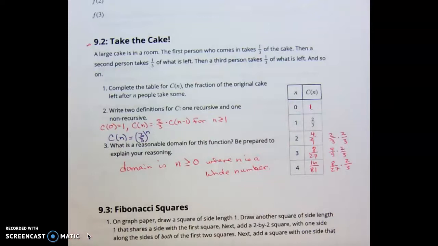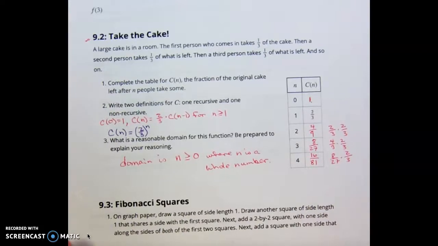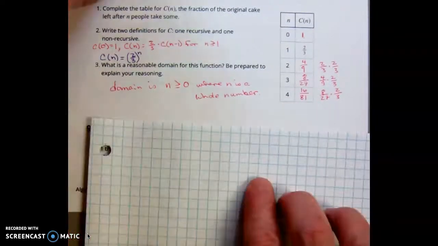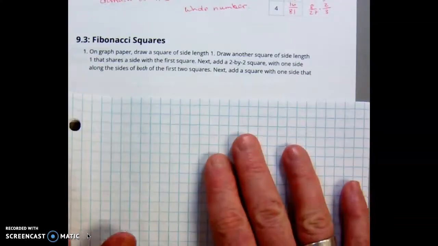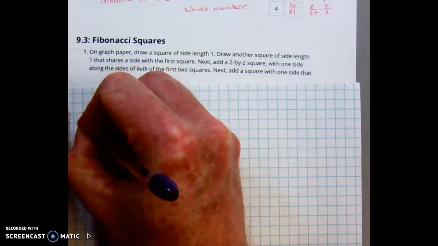All right, the next part is talking about Fibonacci squares. So it says, on a piece of graph paper, draw a square of side length 1. So I've got a piece of graph paper. I'm going to draw a square of side length 1.